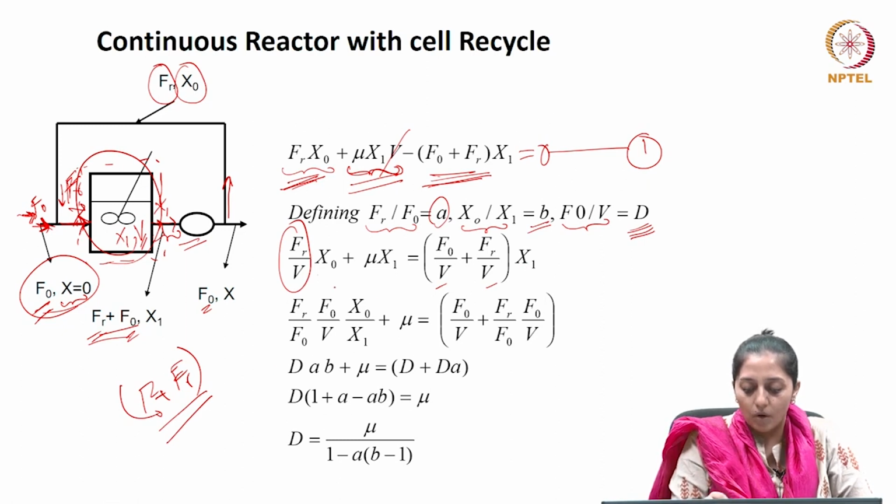Now all these have been brought in the form of F0 by V. So, F0 has been multiplied and divided in the first term, and this has then been replaced as D.